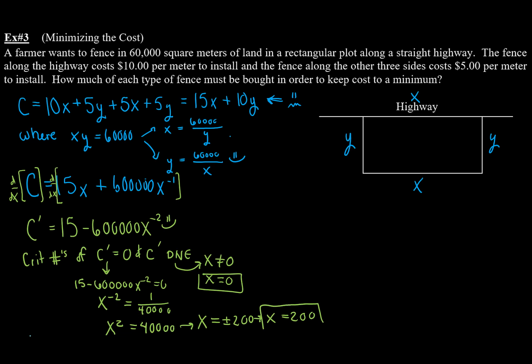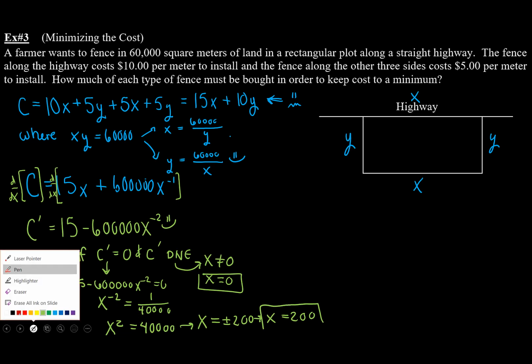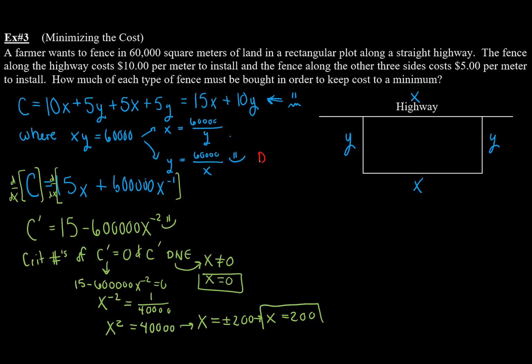If I consider my domain for this function, interestingly enough, since this is in terms of x, I'm going to look at for x as my smallest. My absolute smallest would be approaching 0, right? But it can't be exactly equal to 0.